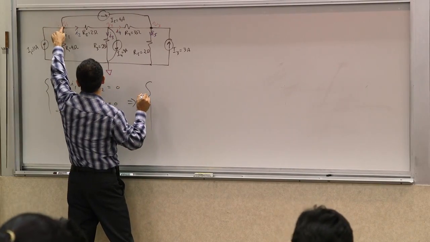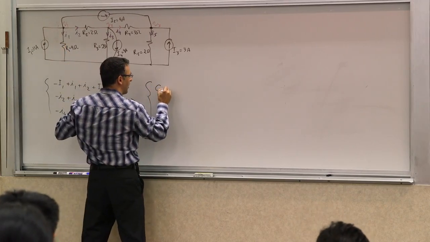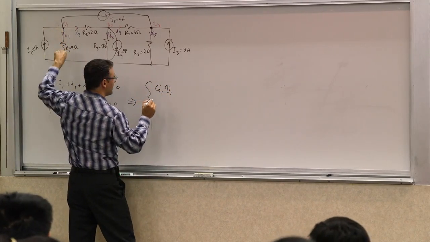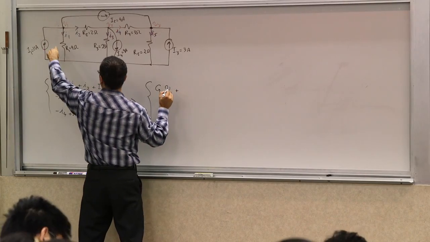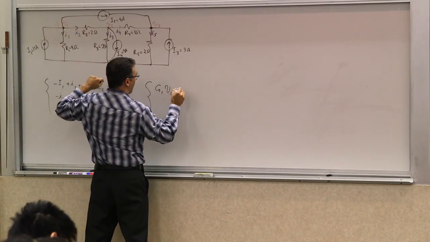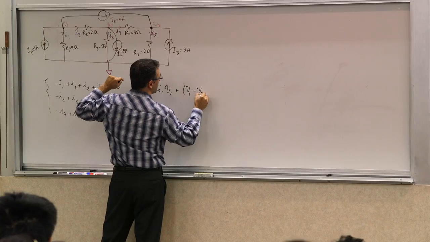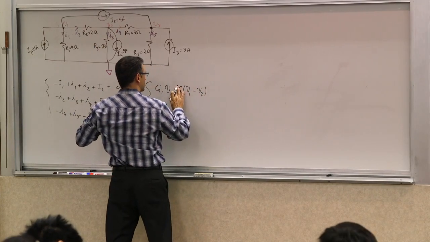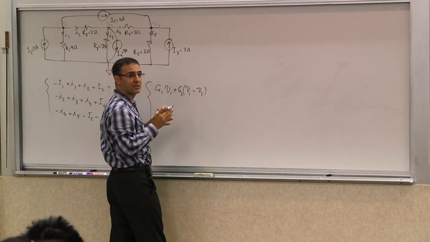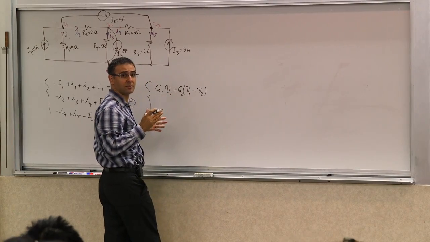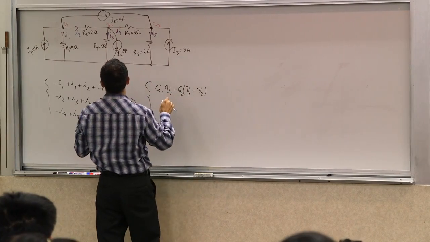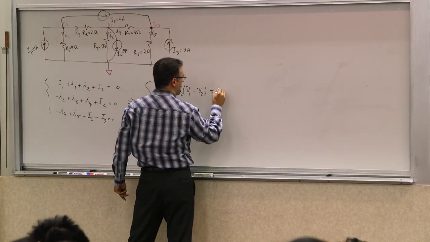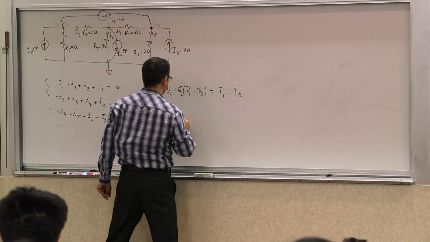I1 is G1 V1, because it's V1 divided by R1, plus now V1 minus V2, G2. You should convince yourself, if any of these things don't make sense, you should stop me right there or ask me why. Equals, now I move these to the other side, I1 minus I2.